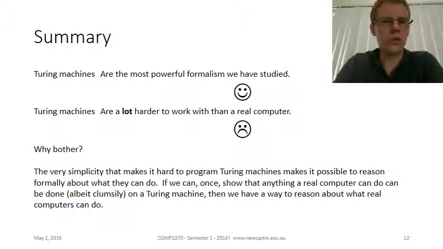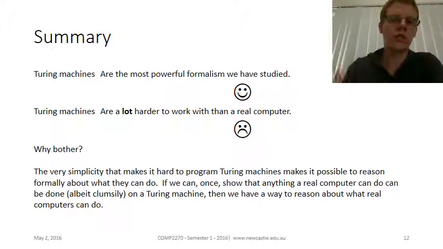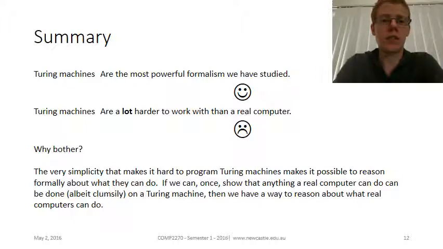So what's the point of defining this Turing machine? We've done all of these steps. We've gone from the finite state machines, we've gone up to the push-down automata, we've gone up to these Turing machines, which are now very ungainly to work with. So what's the point? Well, the point is that because these Turing machines are quite simple, which makes them hard to work with, it also makes it easy for us to use mathematics to reason about them formally.